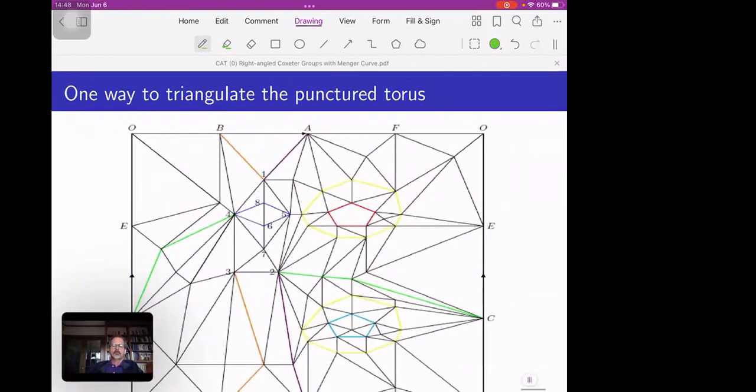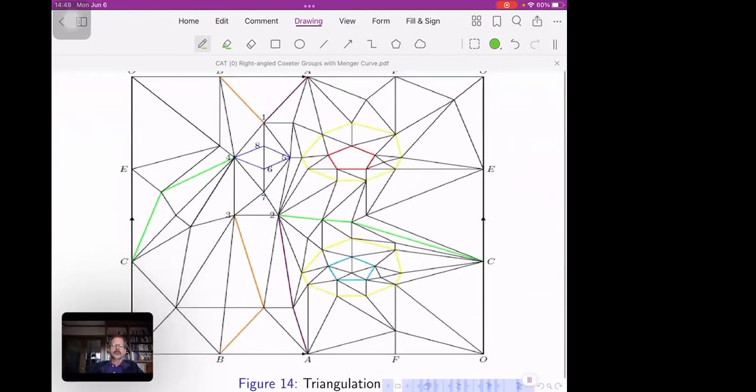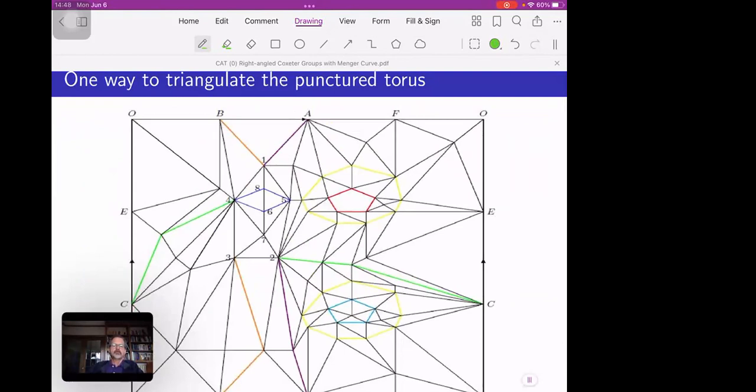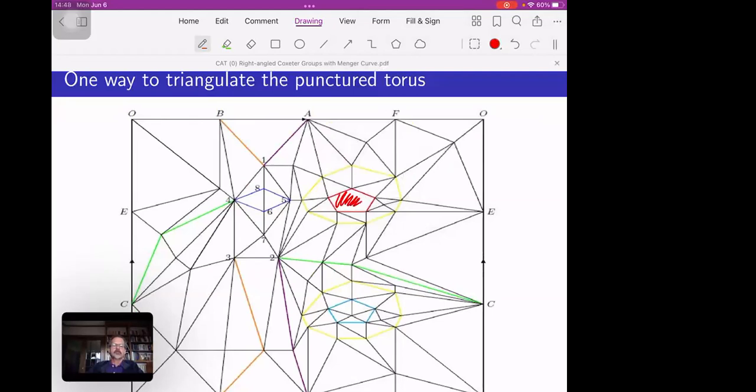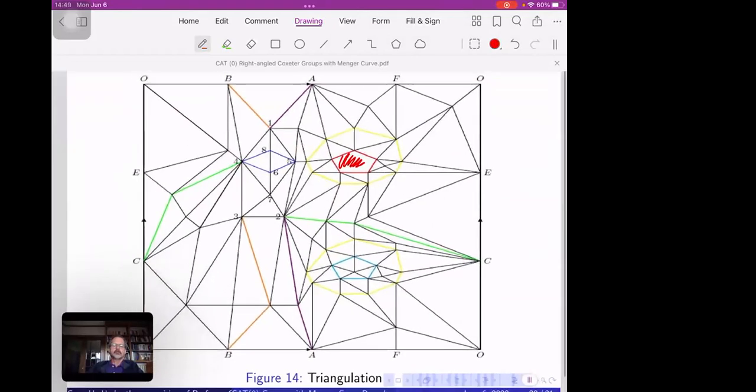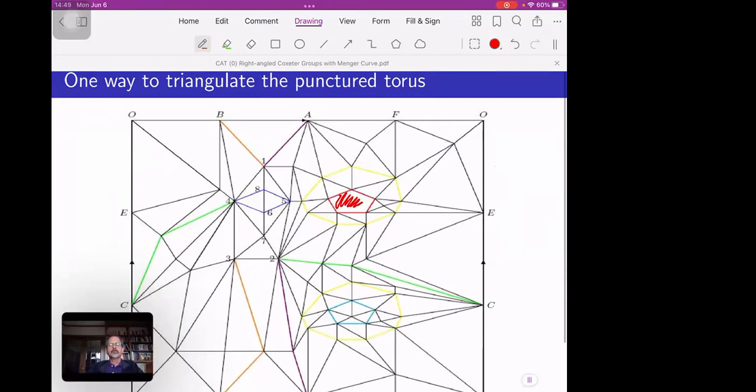And finally, I would like to show you a concrete triangulation. It is like this. This is the triangulation of a torus, and we remove a puncture here. And for this punctured torus, we establish the Davis complex.